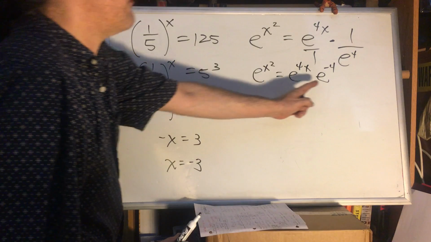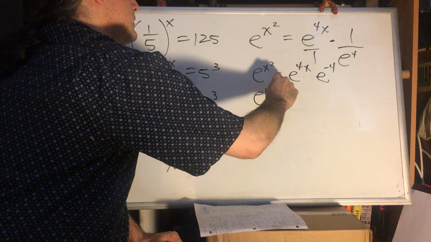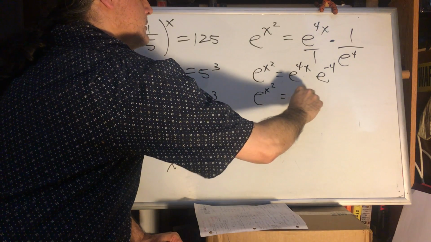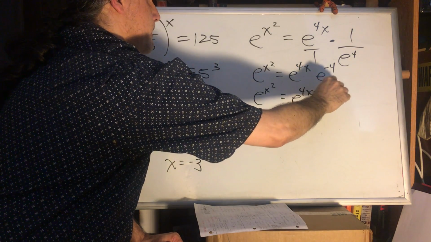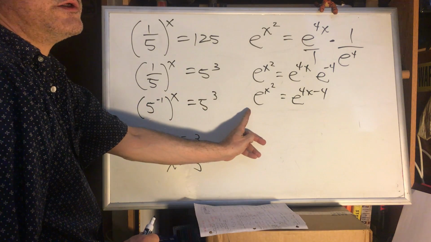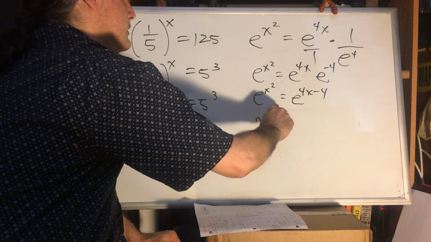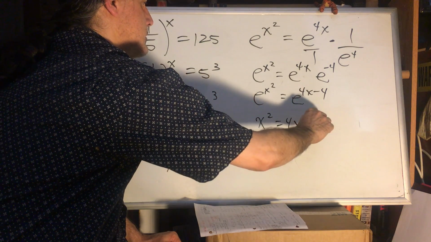All right, now we got common bases, and we're multiplying common bases, so that means we can add the exponents. And now we got an equation with one term equal to another term that have the same base, so now we can just put the exponents equal to each other.